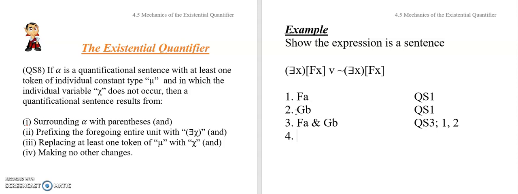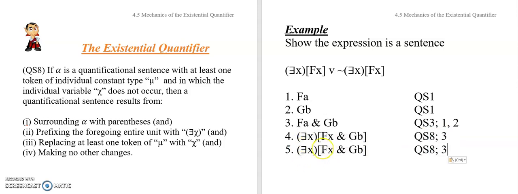And then if you built up an existential quantifier, basically like this, if you went like this and like this, this would actually be okay so far. The problem is going to come in somewhere else. So let's take a look here. That would be QS8 on line 3. And then we've got this one.